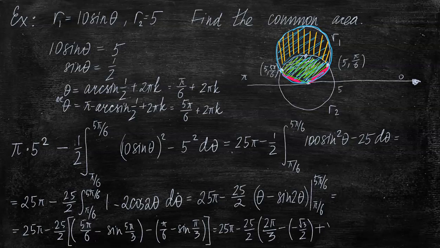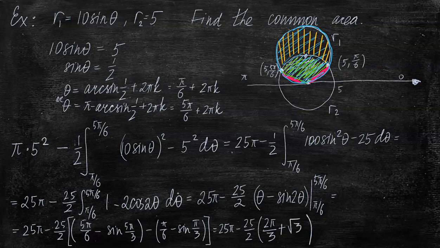It's just positive root 3 over 2. So negative root 3 over 2, it's minus negative root 3 over 2, which is the same as positive root 3 over 2, plus root 3 over 2. Two root 3's over 2 is the same as just root 3.